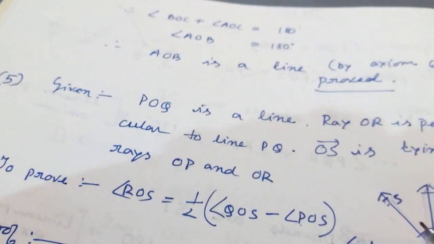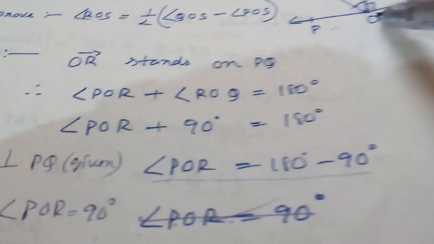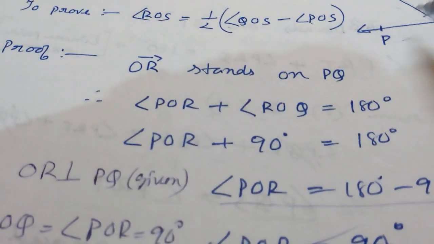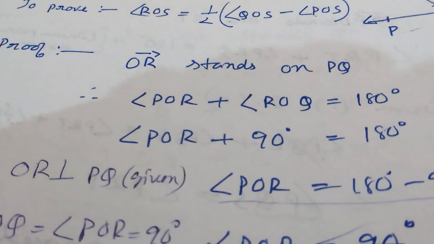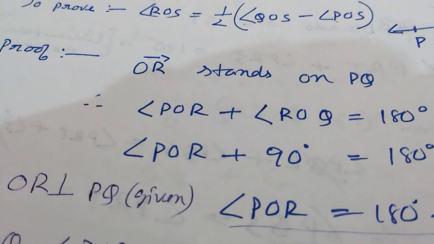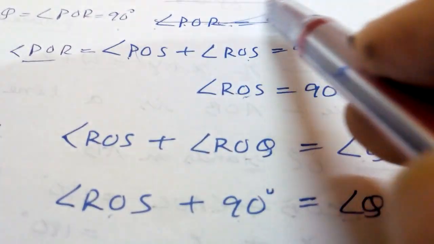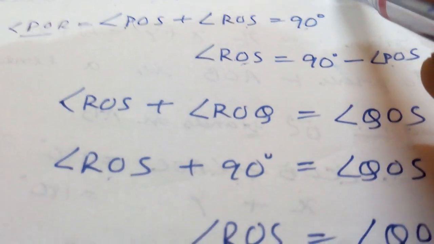Proof. Ray OR stands on PQ. Therefore, POR plus ROQ is equal to 180 degree. ROQ is given 90 degree. Therefore, POR is equal to 180 minus 90.